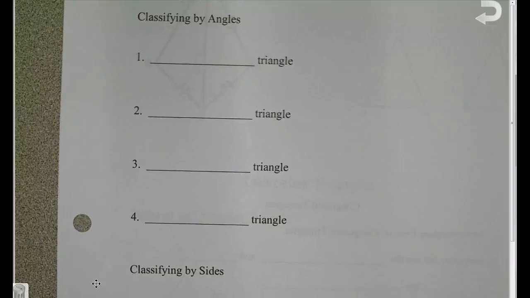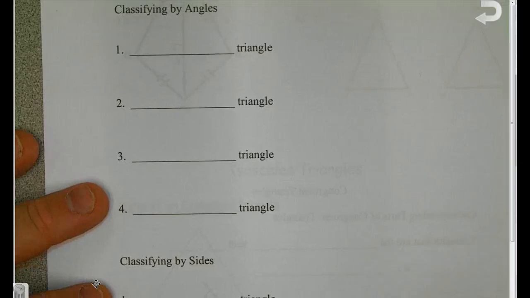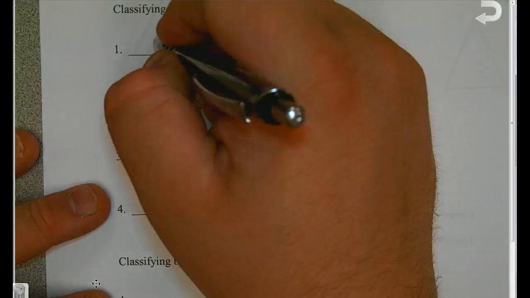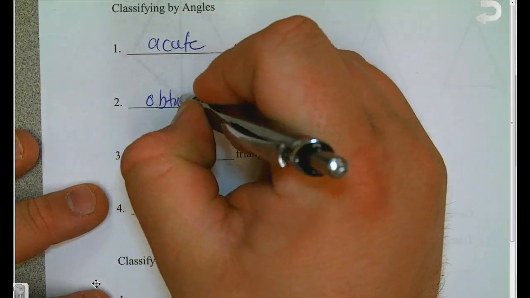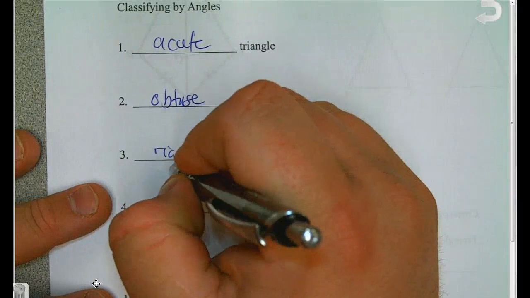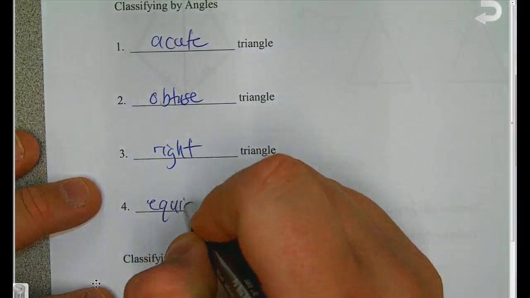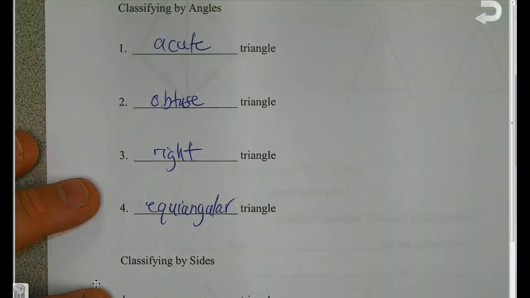First thing we want to be able to do is classify a triangle by the degree of the angles. These should be all review. We have an acute, an obtuse, a right, and an equiangular. And of course, you guys should know what they look like.